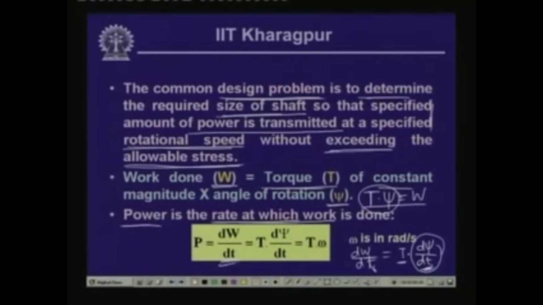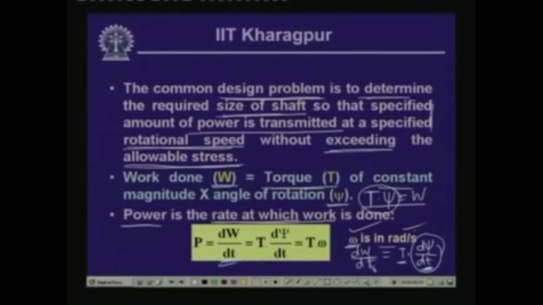And d psi/dt is nothing but the change of twist angle per unit time, which is the angular speed, which we have defined as omega, generally in radian per second. So, power P is equal to T times omega.